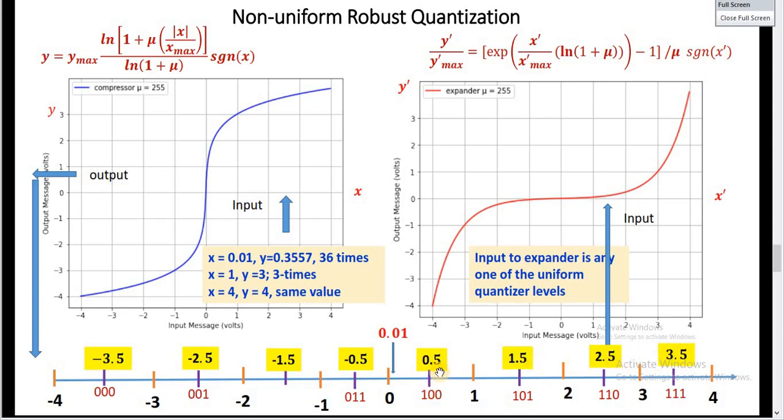If the signal is a small one and we do not use this nonlinear characteristic, then the signal will be confined to these two levels. However, if we employ this nonlinear characteristic, we increase the probability that these levels will also be utilized and therefore reduce the quantization error.